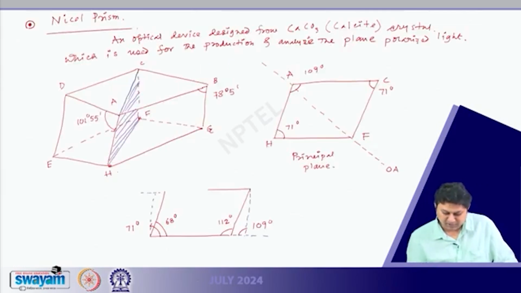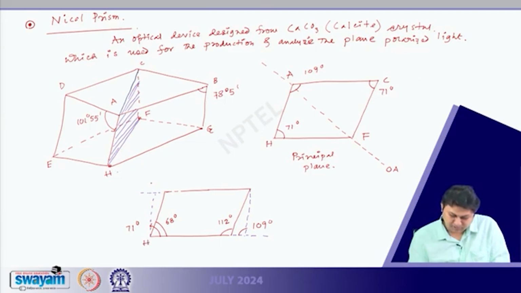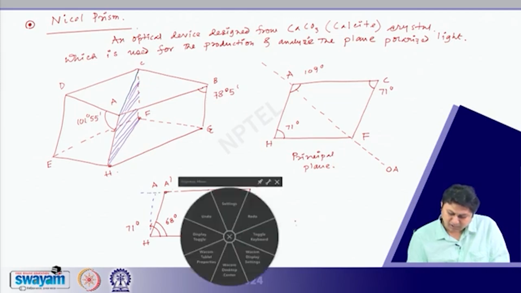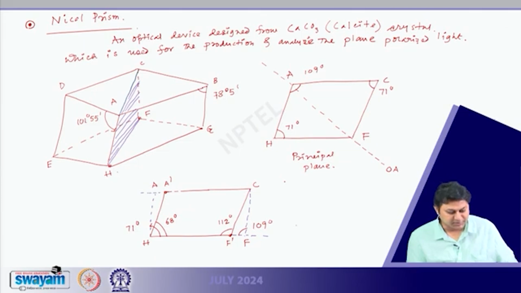Let me draw it, because originally this was H, this was A, this was C, and this was F. After cutting that, this becomes F prime and this becomes A prime. So, these two new points emerge after cutting this prism.